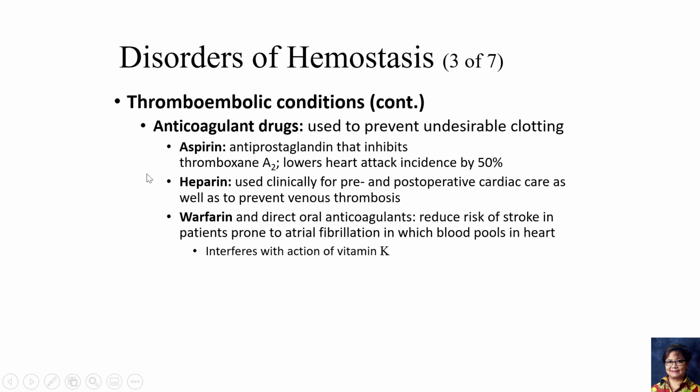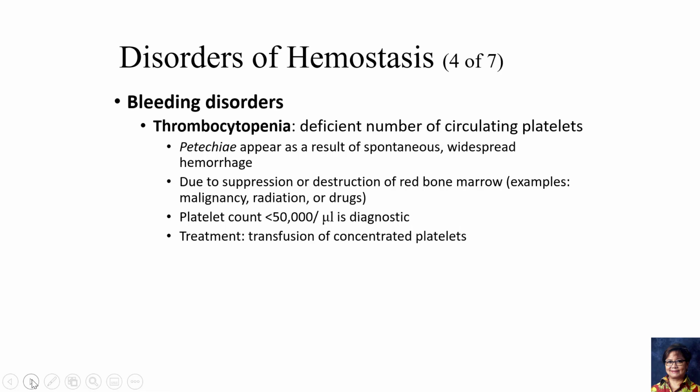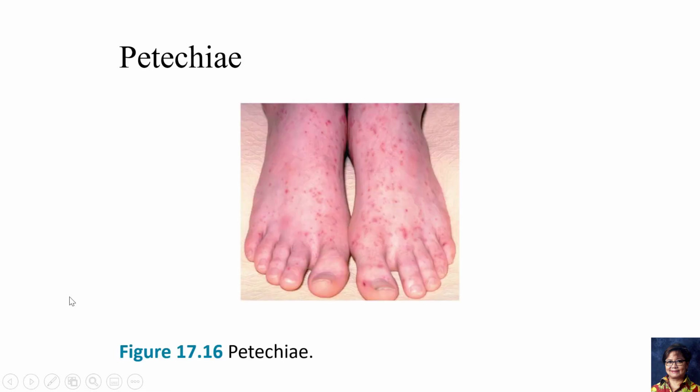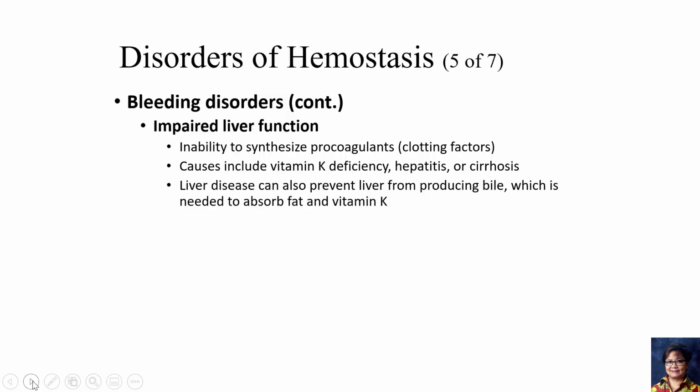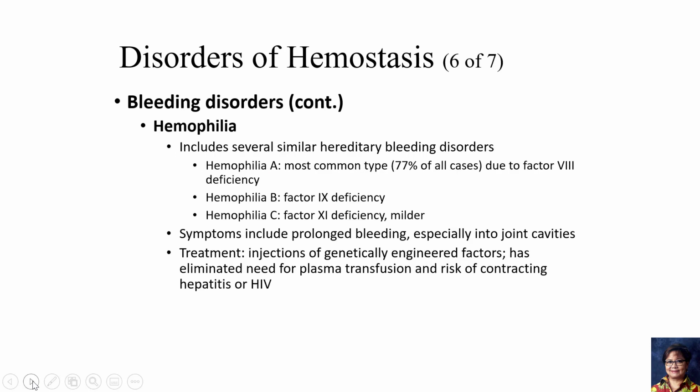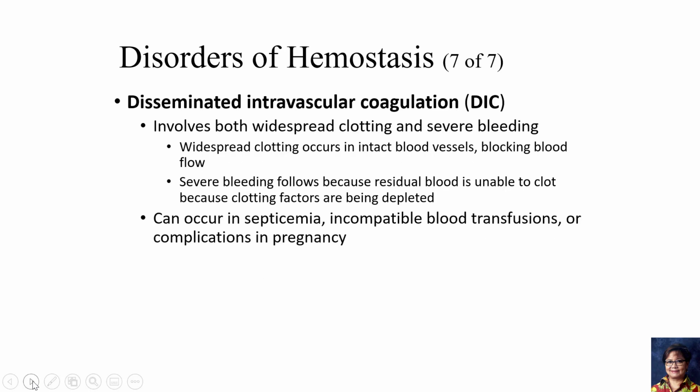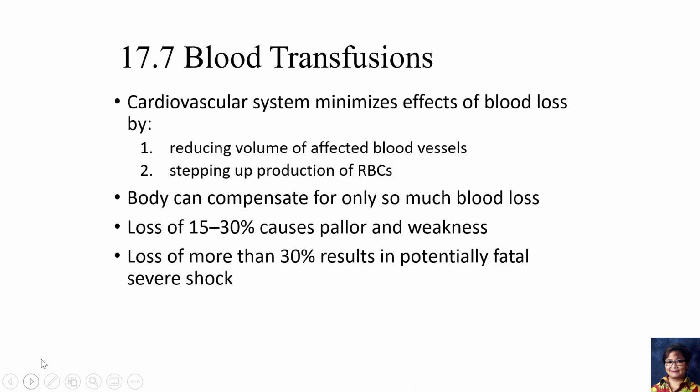And I would like you to also consider knowing for your lecture exam what these anticoagulant drugs are. Aspirin, heparin, warfarin. These are very common anticoagulant drugs in the market. Make sure that you know that. And I'm leaving all of these things to you. Okay? Hemophilia, whatever this DIC is.